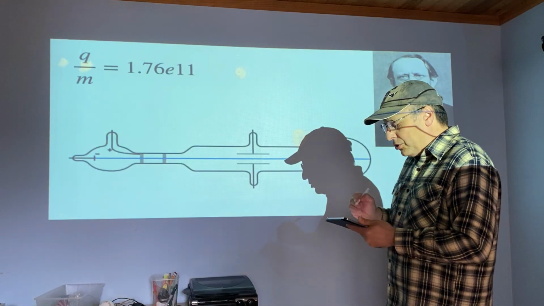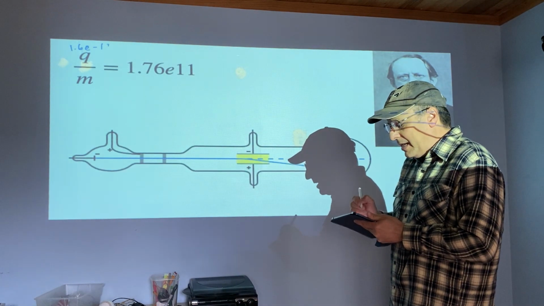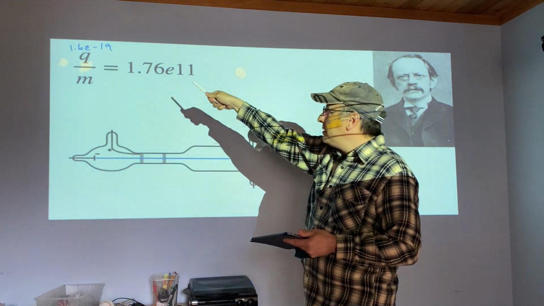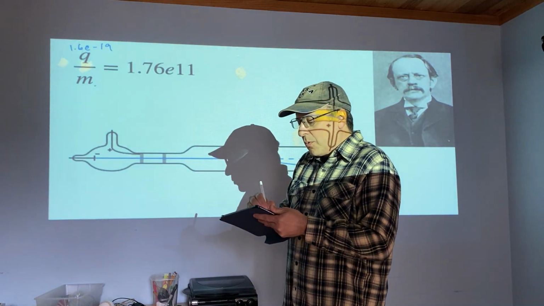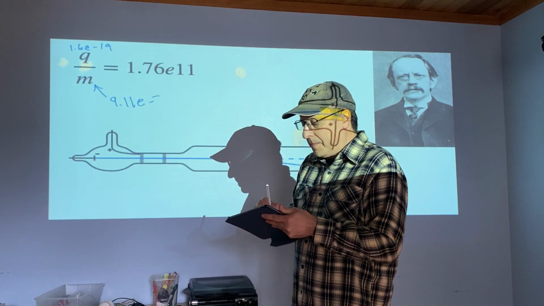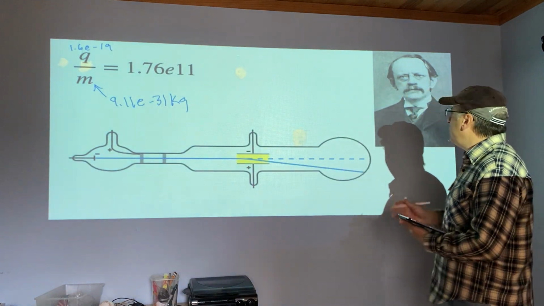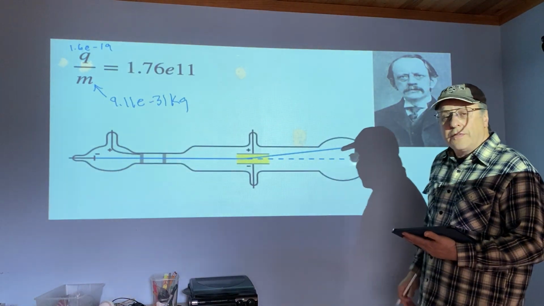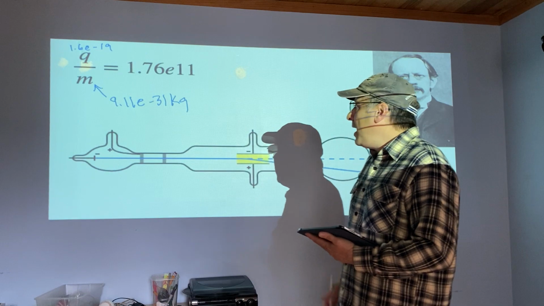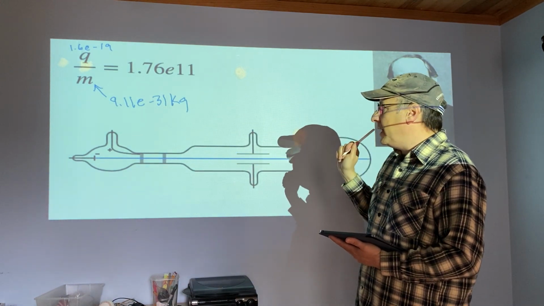Okay, and he found the charge of these particles was 1.6 e to the negative 19th. And with this and Thomson's ratio, we're able to now work out the mass, I should say, of these particles. So in essence, these two people tag teamed over the course of almost 20 years and were able to figure out the charge and mass of the electron.